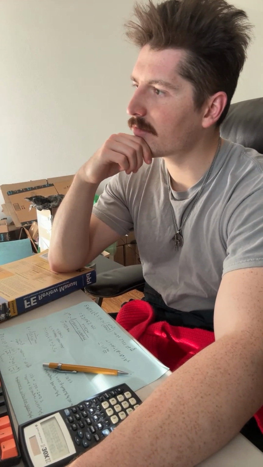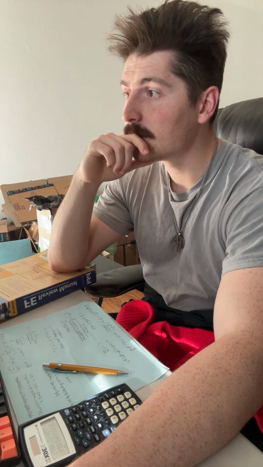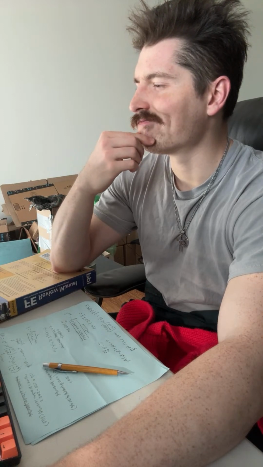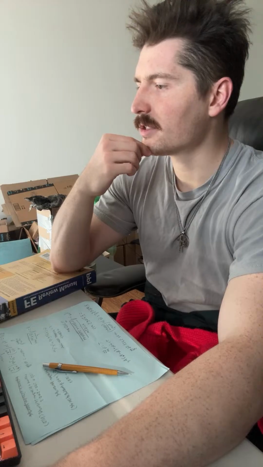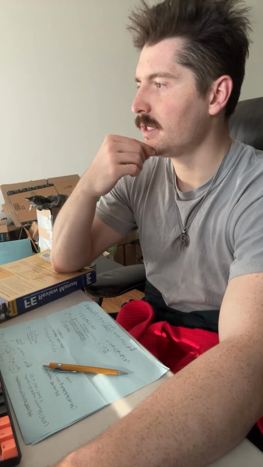F equals ma, so mass times acceleration. We basically need to figure out the acceleration. Thrust equals ISP times T average.